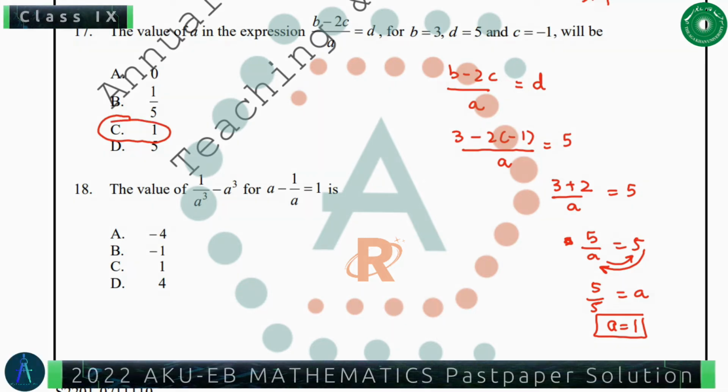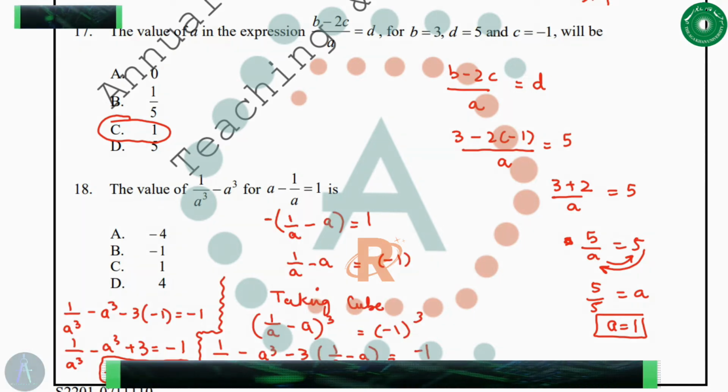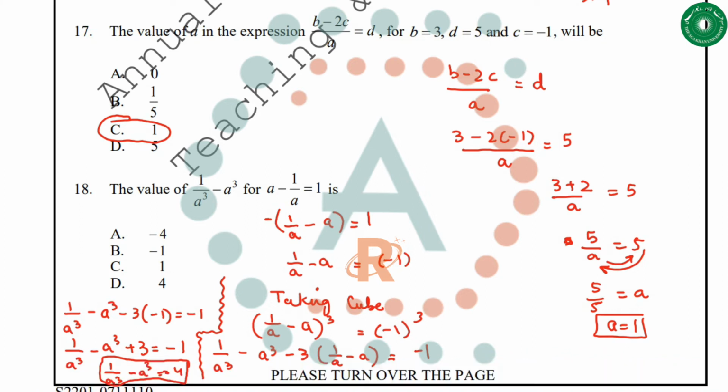We have to find the value of a cube minus 1 over a cube, and the value of a minus 1 over a is minus 1. So first of all, we have taken the common from a minus 1 over a equals minus 1. We took the minus common first. After taking the minus common, we get 1 over a minus a equals minus 1.